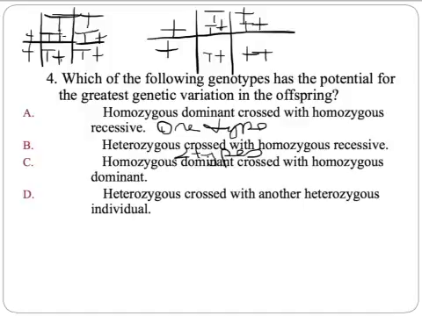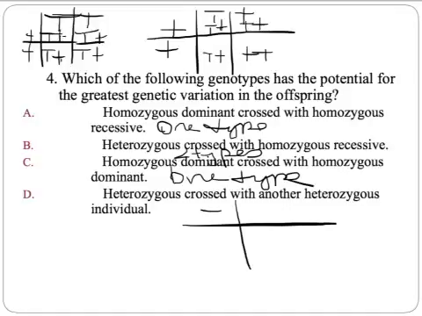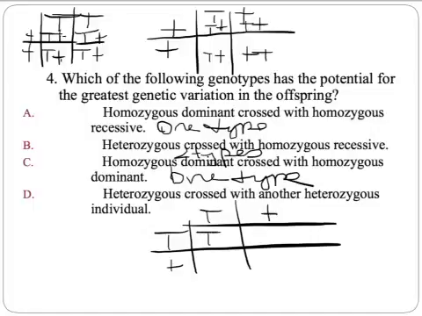Okay, homozygous dominant crossed with a homozygous dominant. Well, if you start thinking about that, they're both the same, so it's going to give you the same. So there's only going to be one type. A hetero crossed with a hetero, so that means big T, little t, big T, little t, and I'm looking for different genotypes. Big T, little t, big T, big T, little t, little t.